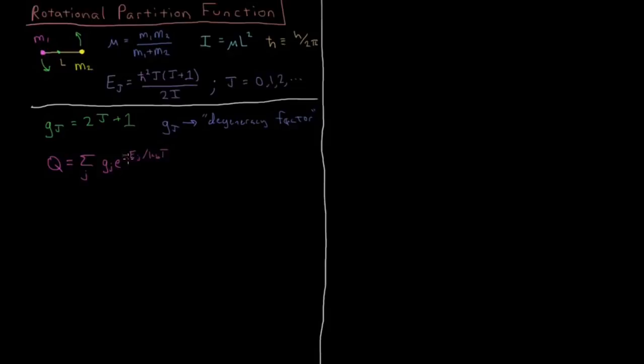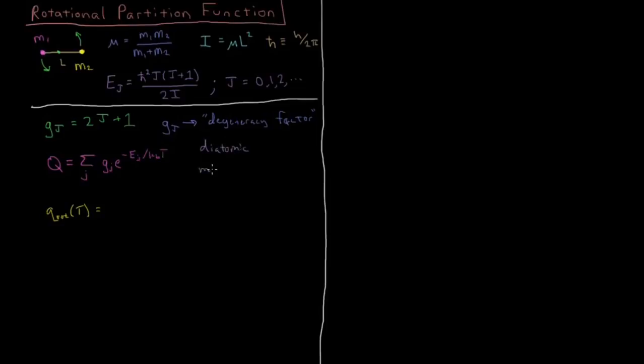Okay, so for our rotational partition function, if we have all of our Boltzmann factors there that we want to sum over to get it, what we are going to have is that our rotational partition function as a function of temperature, and again, remember this is going to be for a given diatomic molecule, so let's just remind ourselves that this is for a diatomic molecule.